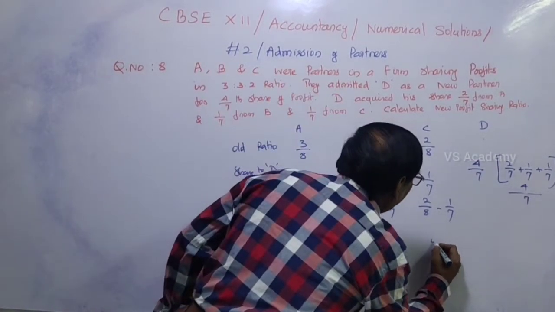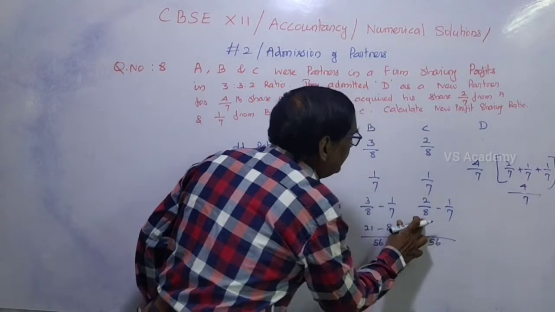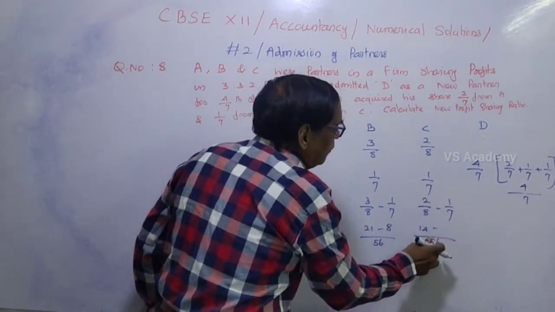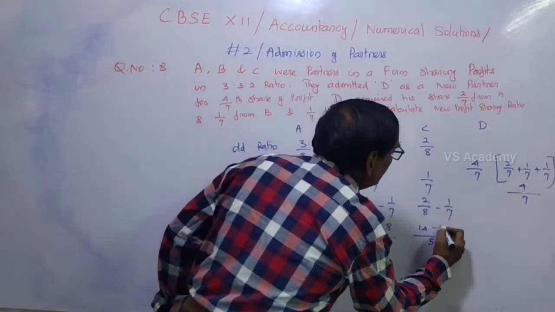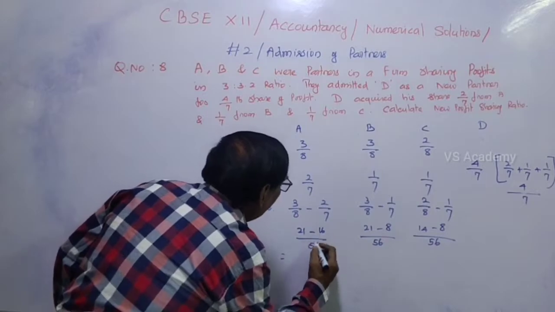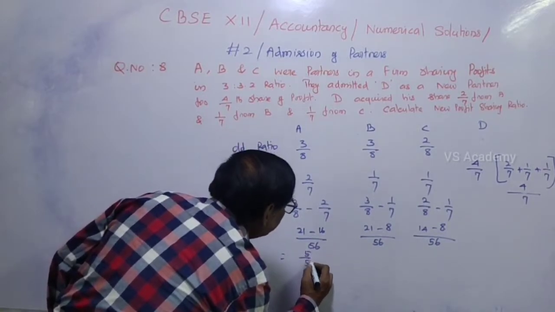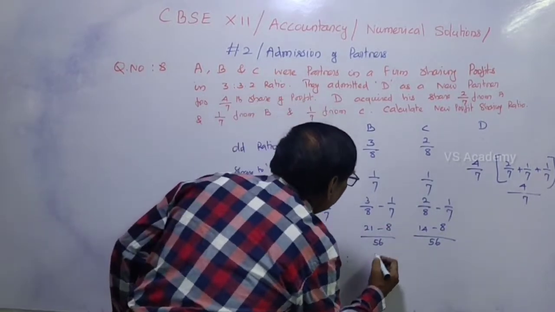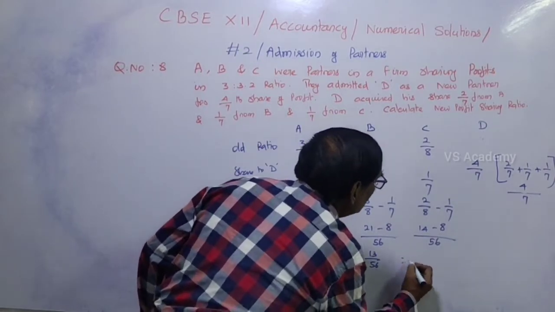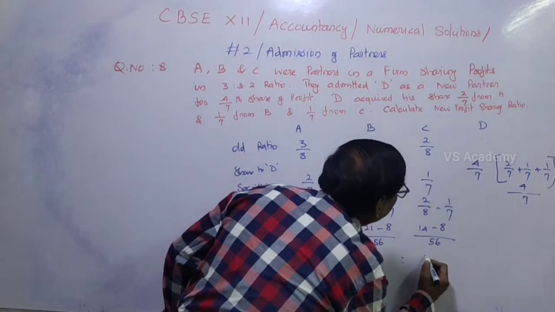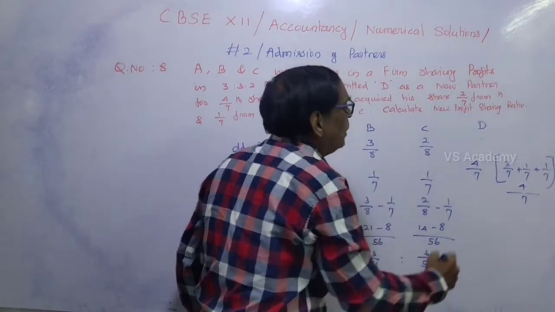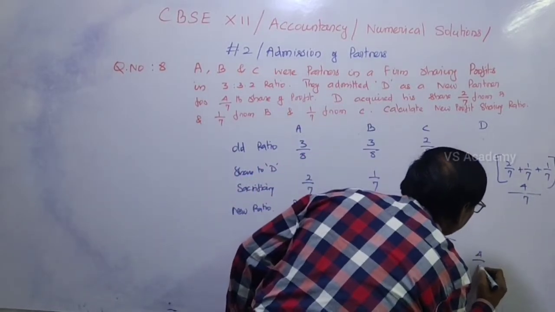And then here the 56 LCM, 7 times, 7 into 2, 14, minus 7 out of 56, 8 times, so 8 into 1, 8. So 5/56, 13/56, 6/56, and then 4/7.